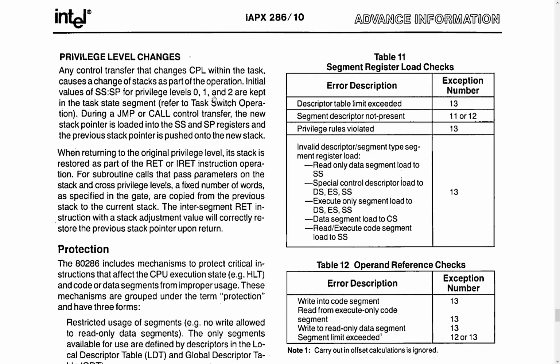Okay, there is an additional consideration: any change of CPL changes the stack. We already know that the level of the stack needs to be the same as the level of the code. In case of return, the previous stack of the caller is restored from the stack of the code in the procedure.